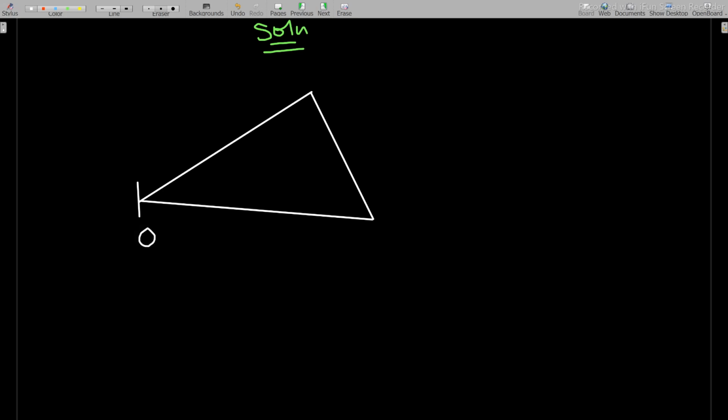So let's say this is my O, this is my A, this is my B, and we've been given point A as (-2, 4), and this is OA, that is the position vector of A from O. And on that I can write this in Cartesian coordinates as -2i plus 4j.